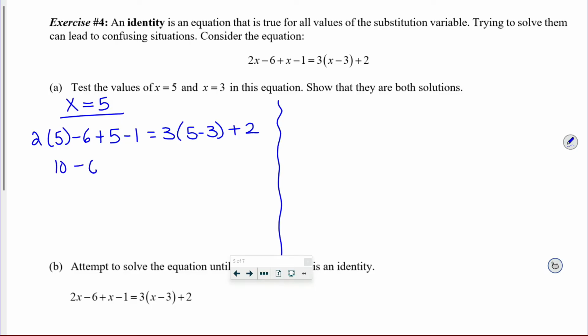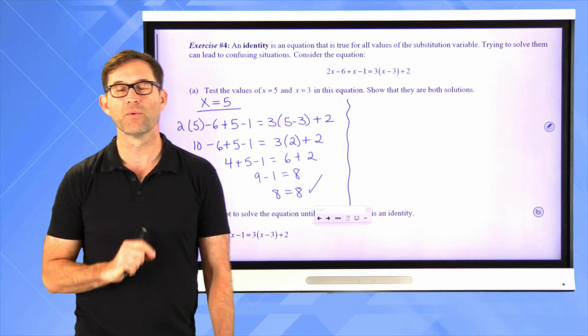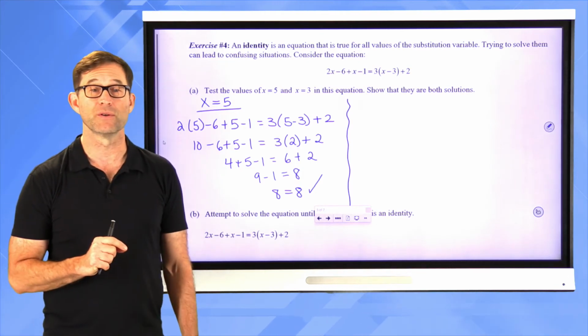I've got 10 minus 6 plus 5 minus 1 is equal to 3 times 2 plus 2. Here I'll have 4 plus 5 minus 1 is equal to 6 plus 2. And then I'll have 9 minus 1 is equal to 8. And 8 is equal to 8. So yes, that tells me that x equals 5 must be a solution.